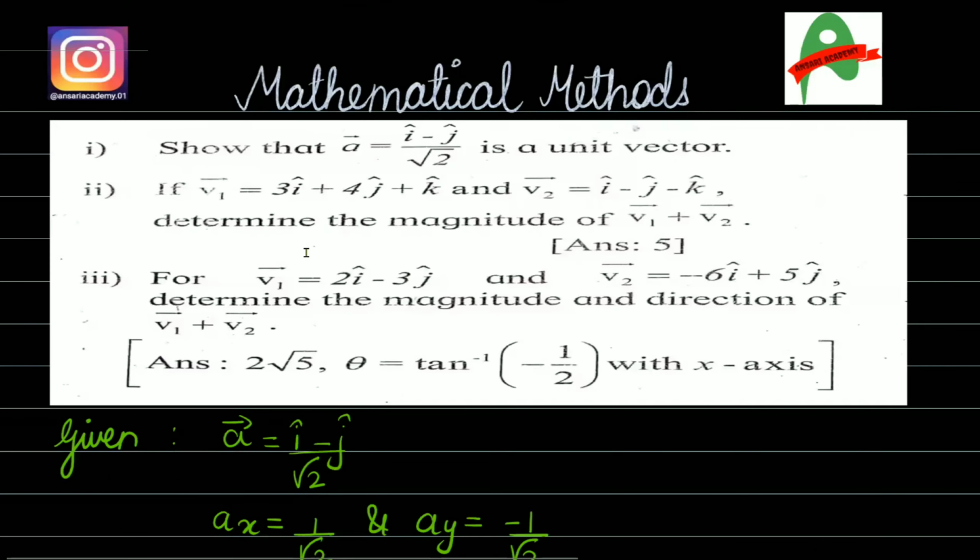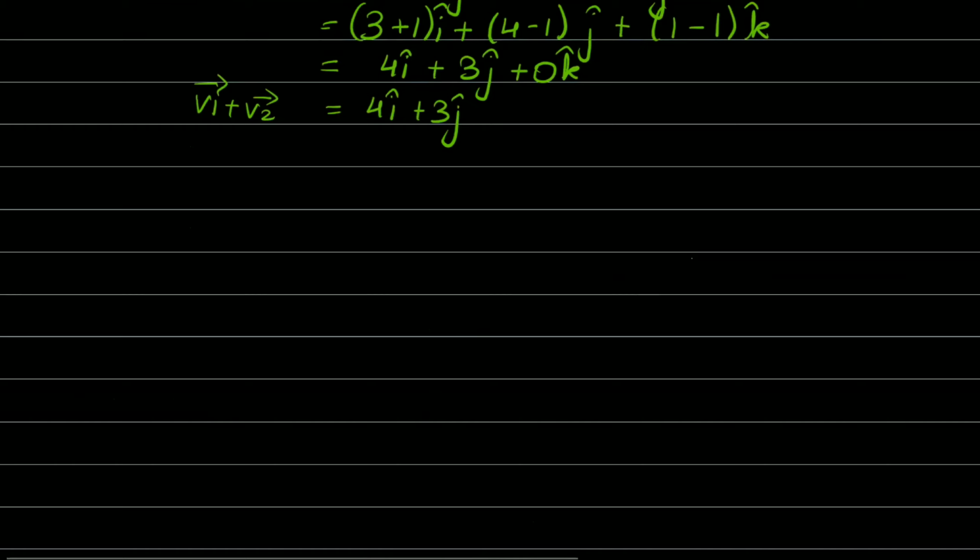In the question it is written as determine the magnitude of V1 plus V2. So we have to find the magnitude of this. Whenever we consider a magnitude, we write it in mod, so V1 vector plus V2 vector in mod. The formula for magnitude is under root of the coefficients, 4 square plus 3 square.